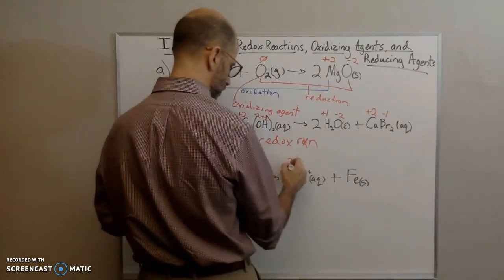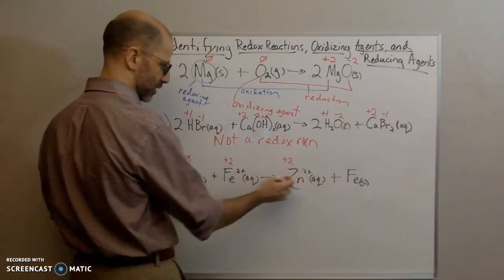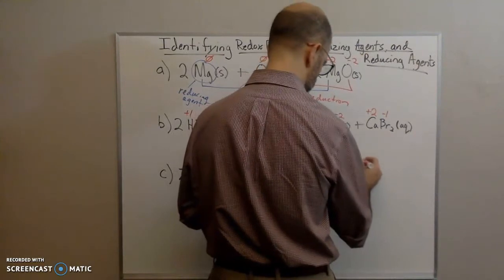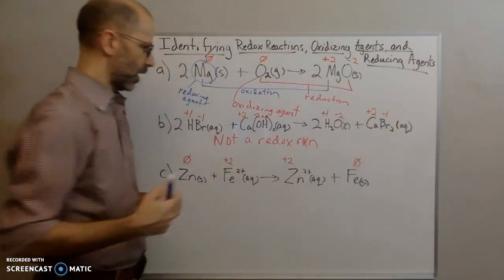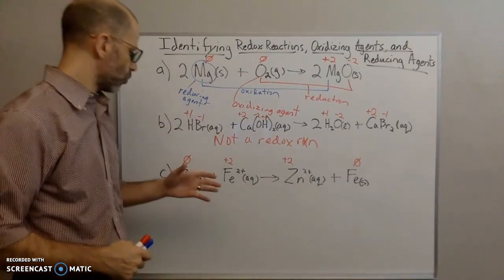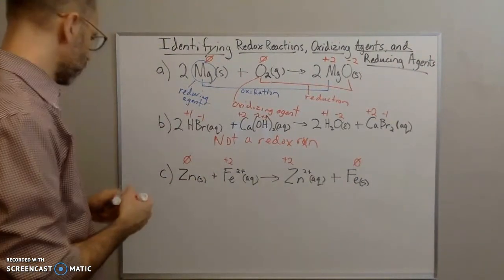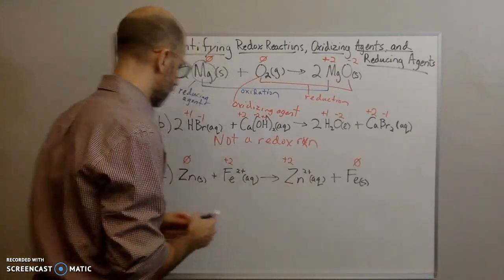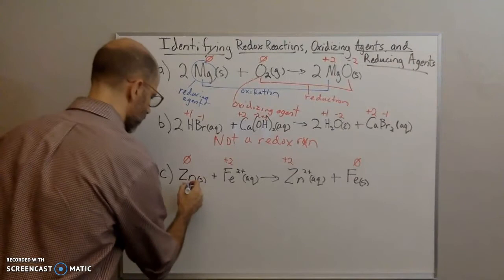Again, the oxidation state is the same as the charge according to rule 2. And then here we have an element, no charge, so 0 oxidation state. So we can see really quickly that zinc goes from 0 to +2.